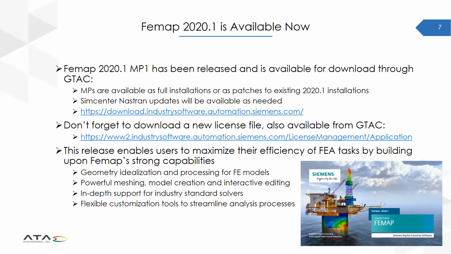But they're also available as smaller patches. So you can also download just a small executable that will update your existing 2020.1 installation if you already have that. In addition, we'll discuss on the next page which version of Nastran 2020.1 ships with. But as Nastran updates are available, you can expect to see those on the GTAC website as well.